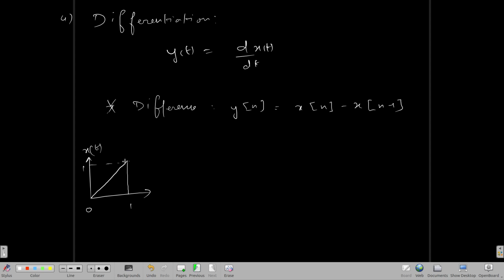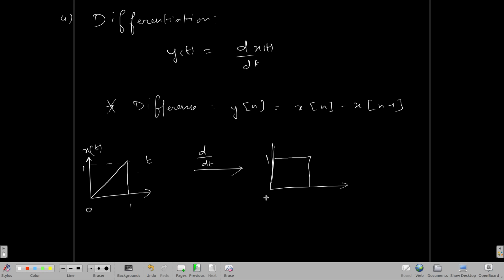This is t, right? Mathematically you will get that this is t, and it is only up to this much. So if you are differentiating, what is the derivative of t? It is u of t, or it is a constant. Let's say it is a constant only. Okay, it is a constant 1.